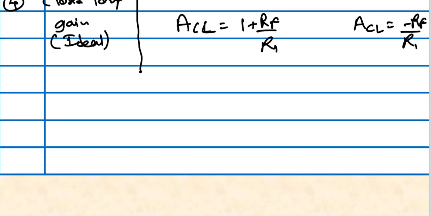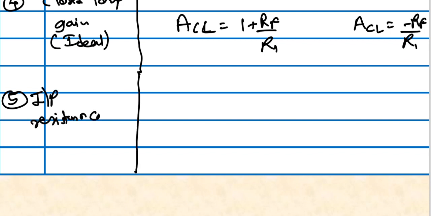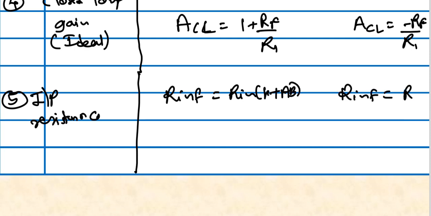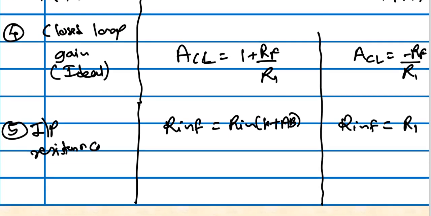Then fifth is the input resistance. Input resistance is Rin F equal to Rin times 1 plus AB. Here it is Rin F equal to R1. Okay.